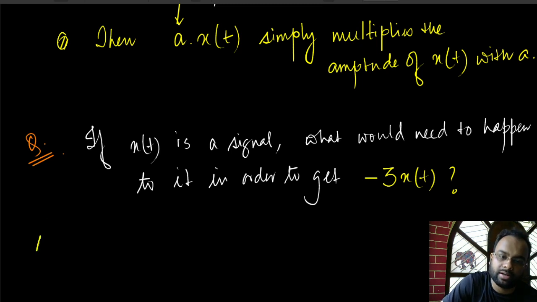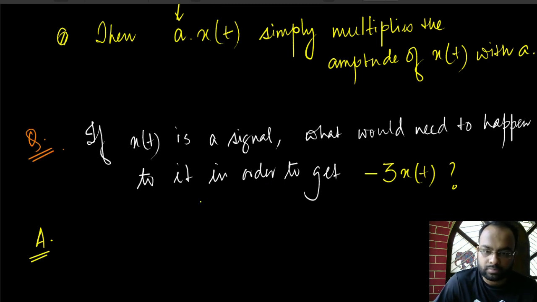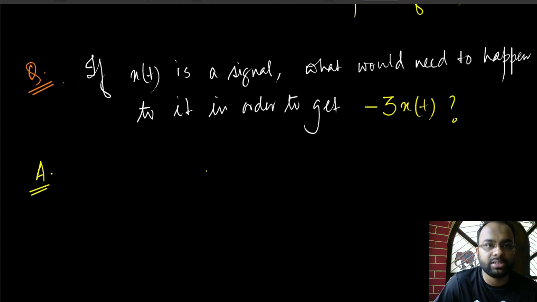Can anybody answer that in the live chat? I have xt as a signal, and I want to get minus 3 xt. What operations do I need to do on the signal in order to get minus 3 xt? Please somebody post it on the live chat, so that I know that you are actually understanding, you're actually following me.